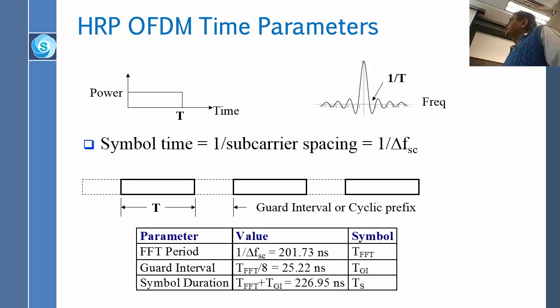Now, actually, we don't leave the gap. What we do is we send something anyway and hope that it will get there. If it doesn't get there, there's no big problem, but there's no point in leaving something unused. So that time is used, and we call it the cyclic prefix. We have some information that we compute based upon this data, and we put some of it in the front, some of it in the back.